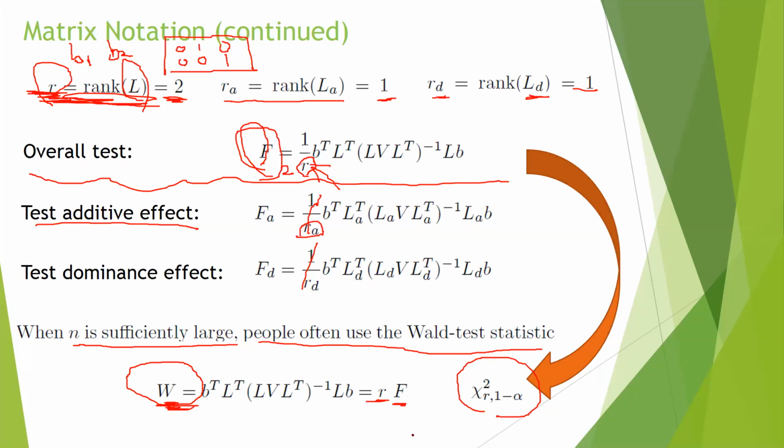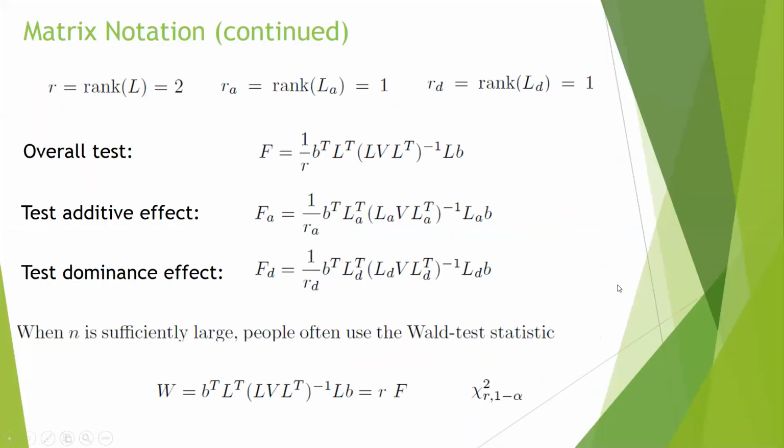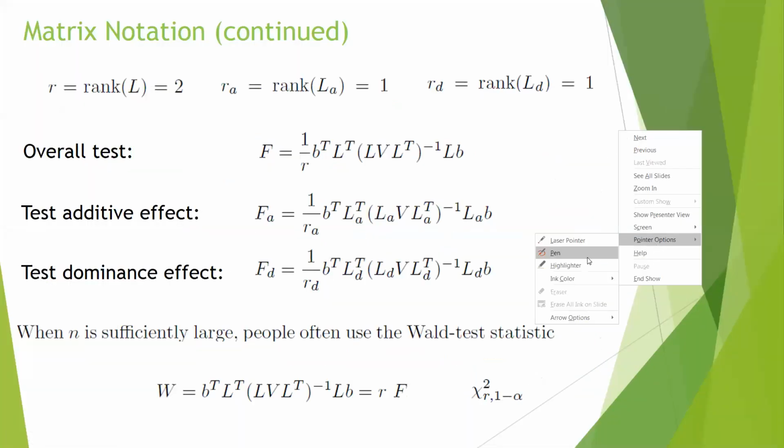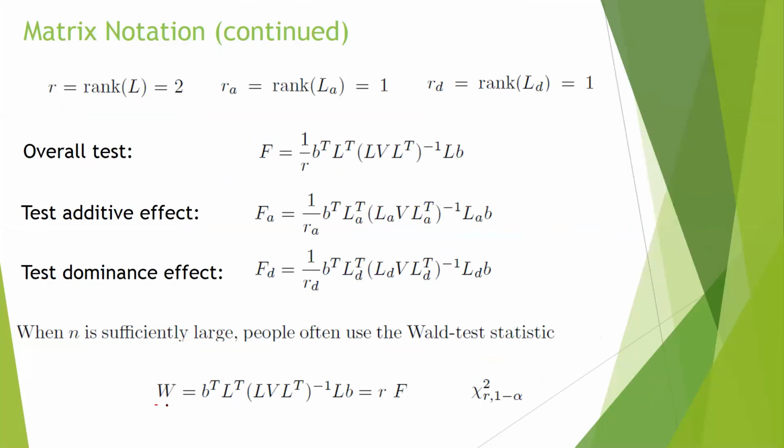Yes, a little bit. So we're going from the Wald test. That is equivalent to an F test, considering if we could take rank into consideration. Not the rank. Rank is always there.